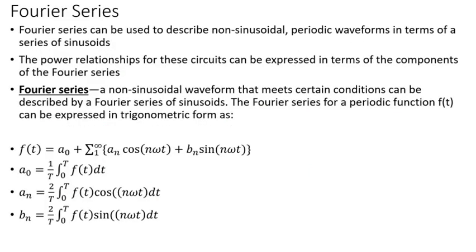So Fourier series can be used to describe non-sinusoidal periodic waveforms as a series of sinusoids. The power relationship for these circuits can be expressed in terms of the components of the Fourier series. So what Fourier says is, if you have a non-sinusoidal waveform that meets certain conditions, it can be described by a Fourier series of sinusoids.